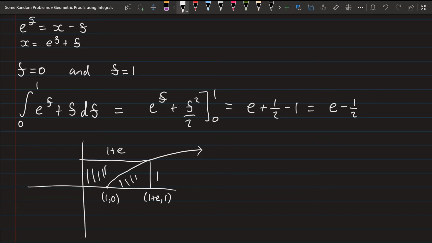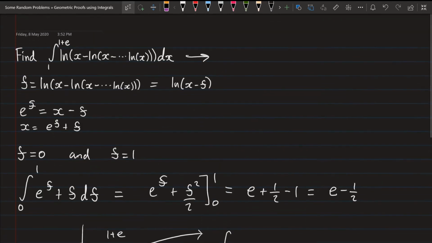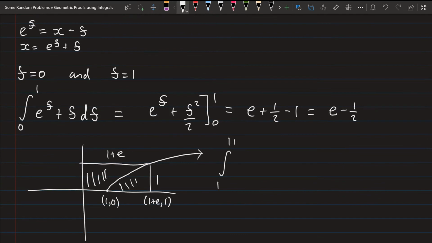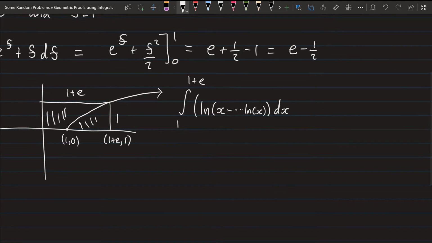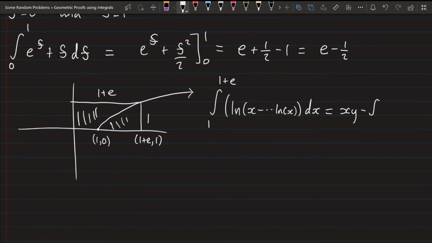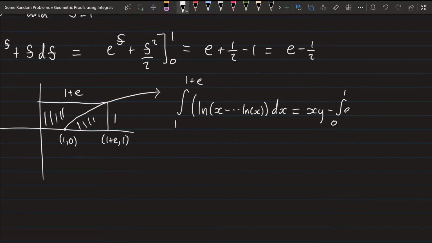So we can use a bit of geometric reasoning to show that the integral here from 1 to 1 plus e of that ever bounding function on the x-axis is going to equal xy, our height times the width, take away this area, which is just our integral that we found, which is from 0 to 1 of e to the f plus f df.